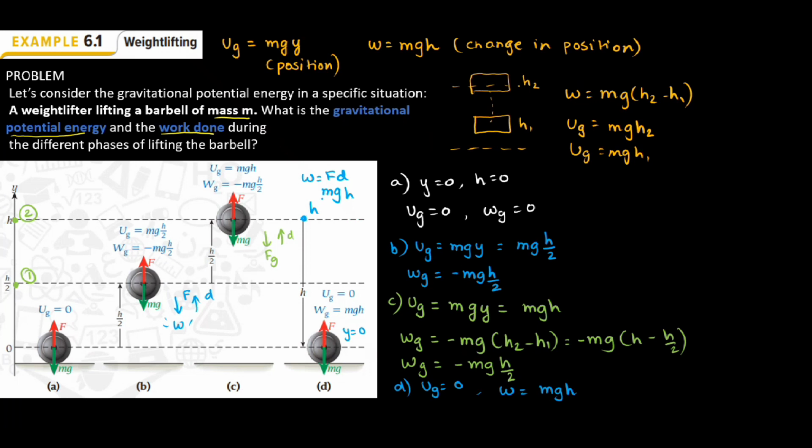And we take this work to be positive because in this case, both the force due to gravity and the displacement of the object are in the same direction. Whenever force and displacement are in the same direction, work done is positive. So these are the values of potential energy and work done for the different phases of the barbell.